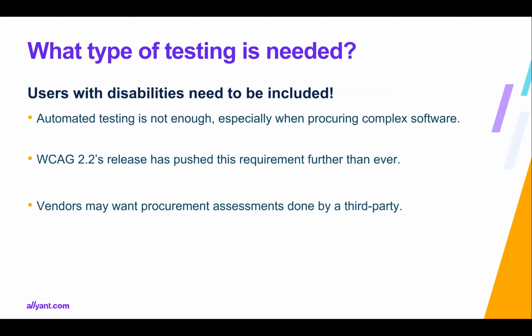And I think this is one of the biggest reasons why ProcureEnsure has really helped our clients and helped the marketplace. I have heard from a lot of enterprise organizations and higher education institutions, et cetera, that even if they have an internal accessibility team, which many of them do that are leveraging ProcureEnsure, it's either a bandwidth issue or the vendor that they're looking to procure says, I want this assessment done by a third party.